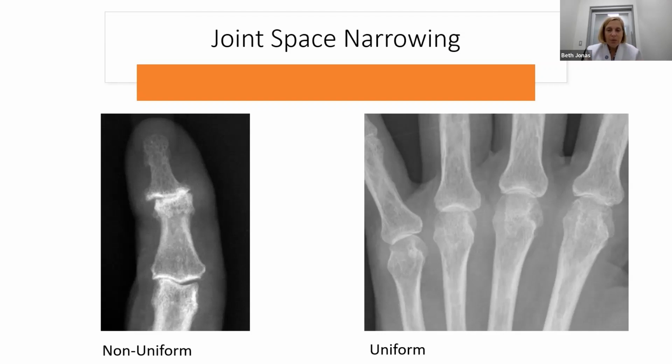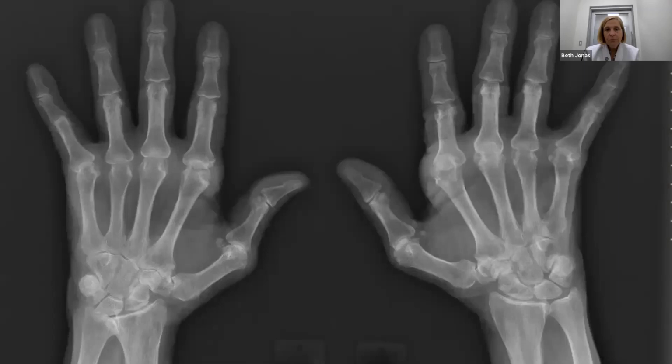There are going to be exceptions to that rule, but when you see uniform joint space narrowing, you should be thinking about inflammatory diseases such as rheumatoid arthritis, psoriatic disease, reactive arthritis, and the like. So this is a patient who has pretty much uniform joint space narrowing throughout all of the MCPs, and there's probably some ulnar drift in a number of these joints, and this is a patient with rheumatoid arthritis.